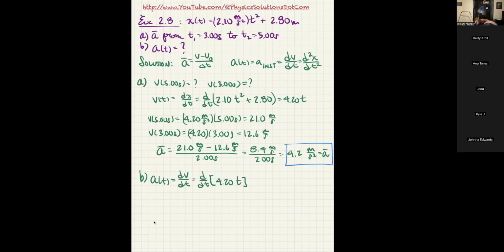When we take the derivative of that with respect to time, we just get 4.20 meters per second every second, equal to a of t, which means the acceleration really is a constant. Okay. Any questions on that one?